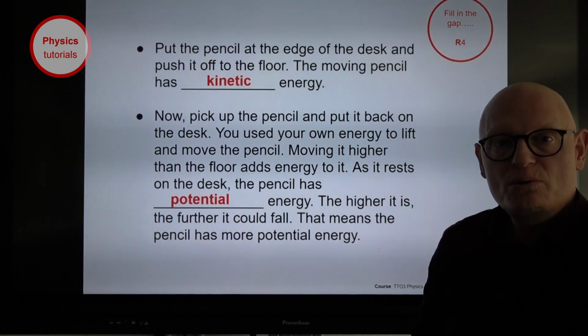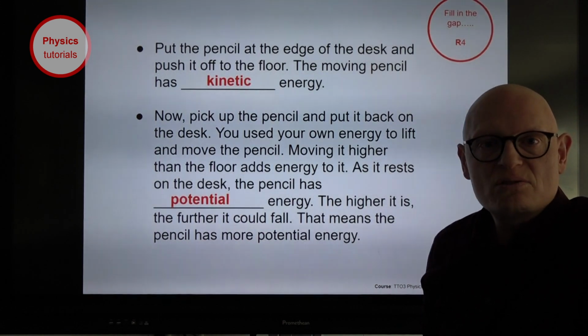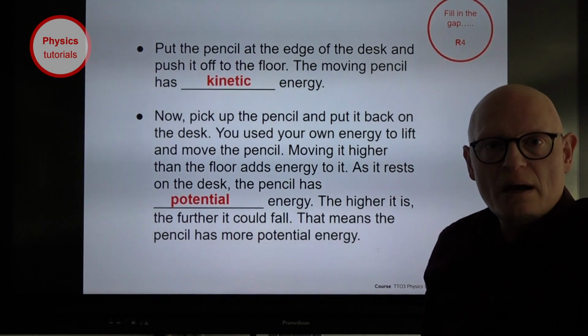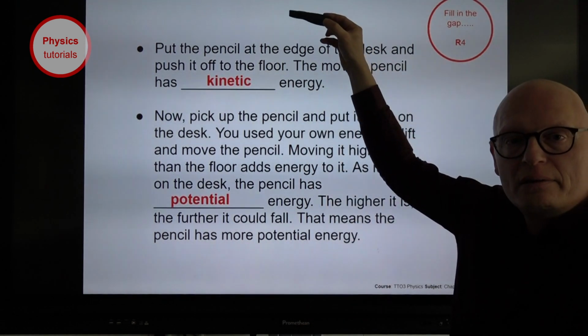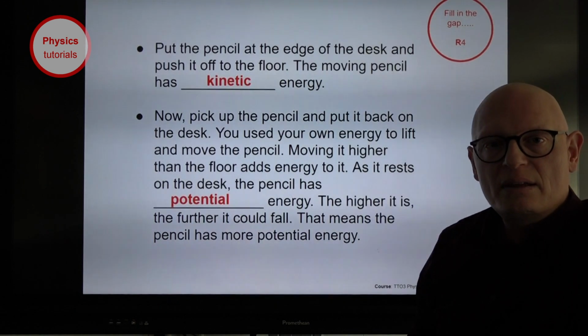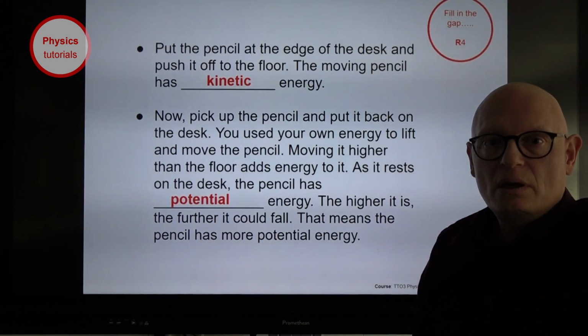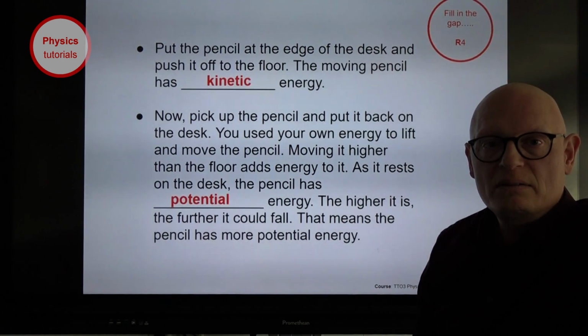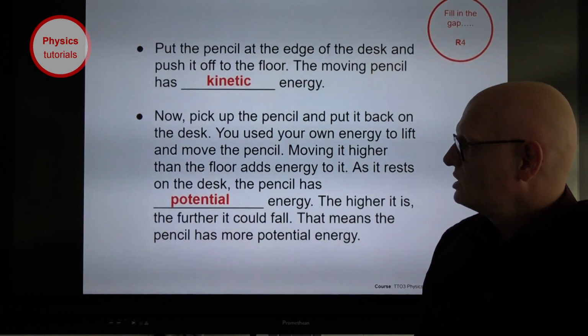And how do we know that? Because when we push off the pencil again, it will start to move downwards. So there is potential energy. When you put your pen even higher on a shelf, then it has even more potential energy, and it's able to fall down and eventually reach a higher velocity, more kinetic energy.